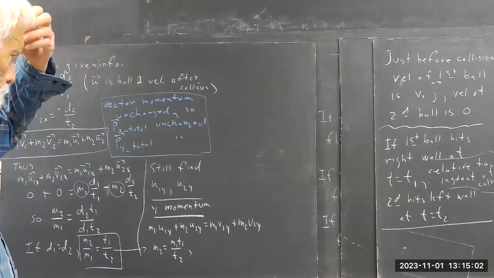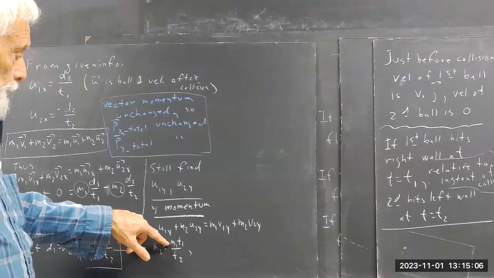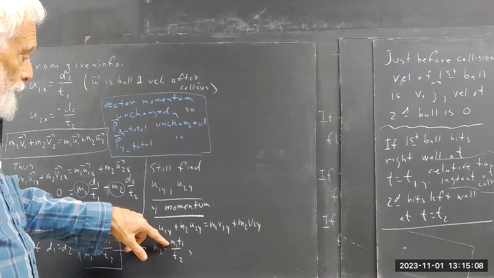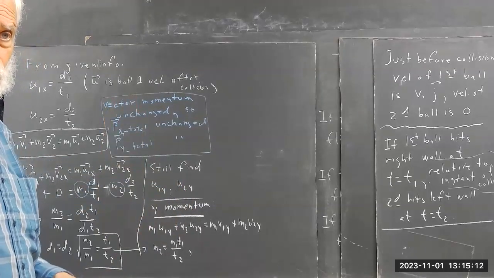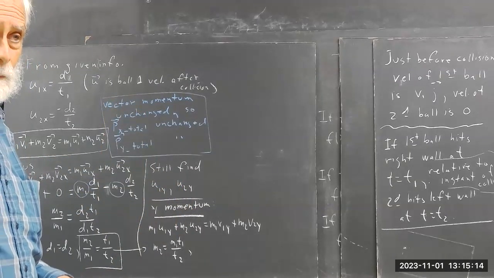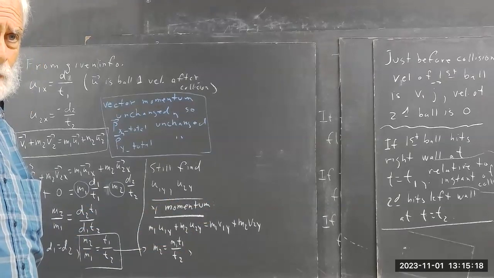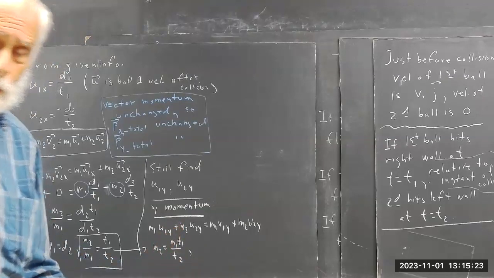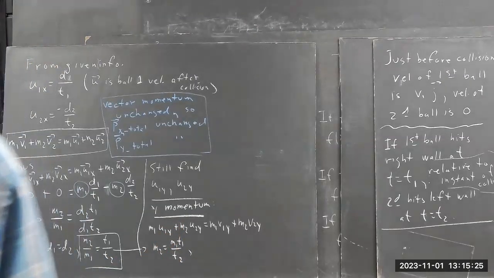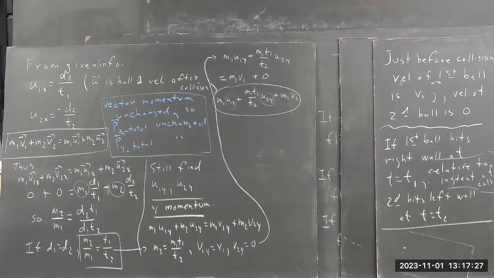Well, we're down to one variable M1, and then U1y and U2y. That's 3 variables, and we only got one equation. So that means we need more information. Is there anything else we can do?